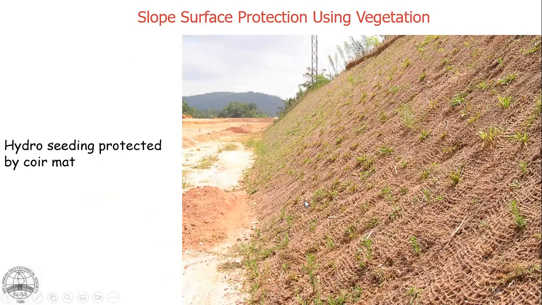Now, till the seeds germinate and the roots are grown, you have to protect it from getting eroded by rainfall. So we use a coir mat. In this case, we have used a coir mat to provide that protection till the roots are grown and the seeds are germinated.